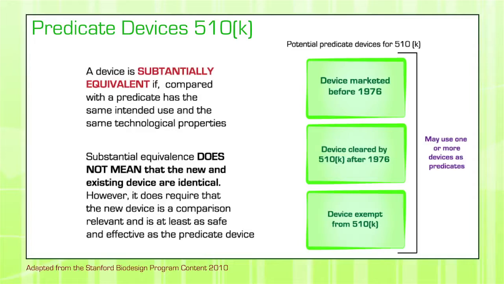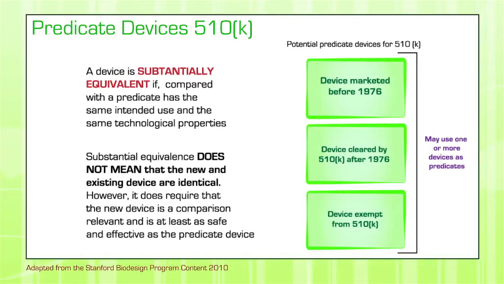And so every device that was marketed before 1976 is not subject to a 510K or PMA regulatory approval process, and you can use those devices. You can also use devices that were cleared as a 510K after that date, and you can also use devices that were exempt from the 510K process as predicate devices. Many people use one or more of these devices as predicates.